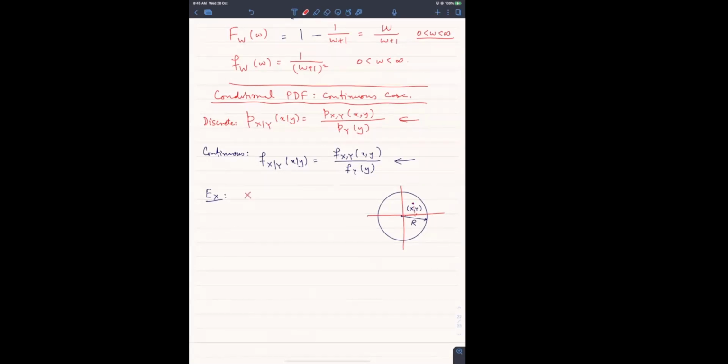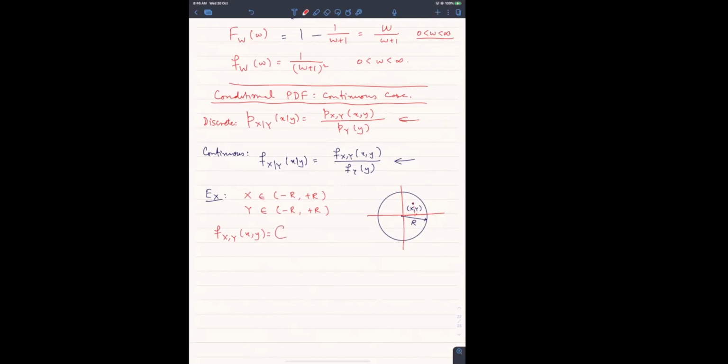So x can be from minus r to plus r and y can also be from minus r to plus r. So the region over which the probability density function exists is this circular region. इसके बाहर नहीं exist करता.